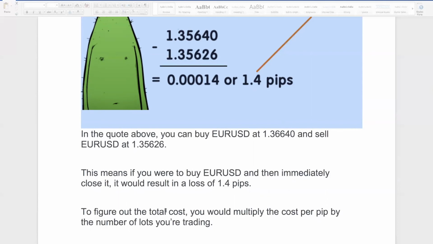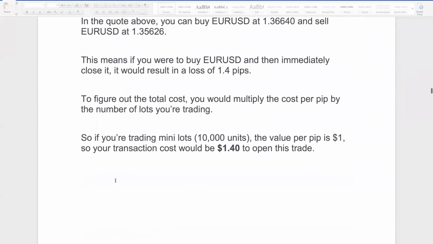To figure out the total cost, you would multiply the cost per pip by the number of lots you are trading. So if you are trading mini lots, 10,000 units, that is 0.1 lot. Your transaction cost would be $40 to open this trade. So it means every time you open a trade using 0.1 on Euro USD, you are paying a transaction cost of $40.